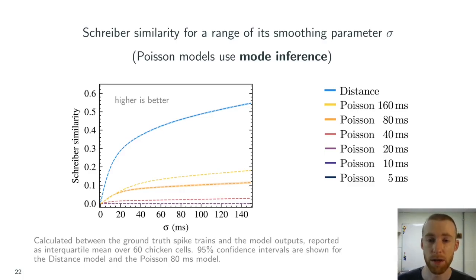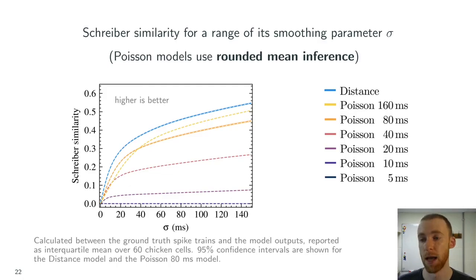From the earlier discussion, we would expect that the performance of the Poisson models would improve by switching to inference using the distribution mean. And this is what we see in the second figure. It's noteworthy that no single Poisson model performs best across all smoothing parameters. And again, we have the distance model outperforming all of them.